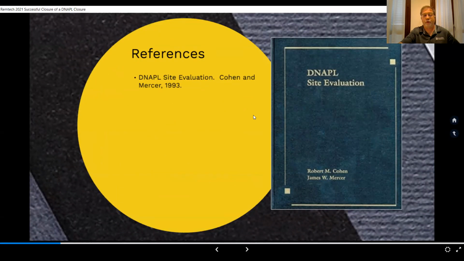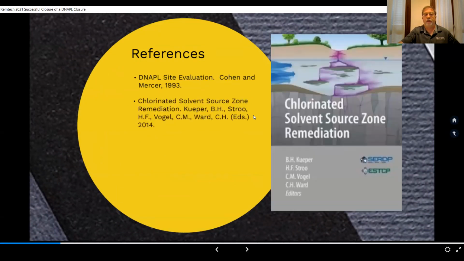It's a pretty easy read, actually. Then in 2014, there was a chlorinated solvent source zone remediation book prepared, and that one really kind of ties the whole thing together. But it's a hefty book. It's a tough one to get through. You really have to love DNAPL sites to go through that book, but it's out there, and it's a very, very good reference.